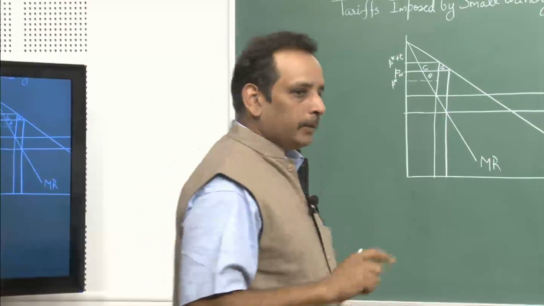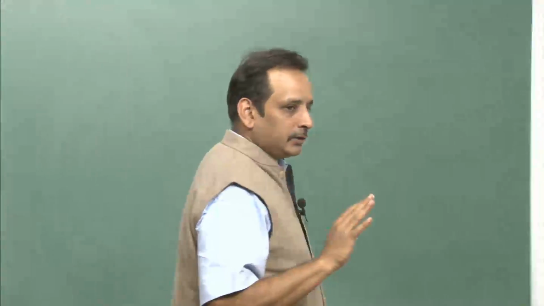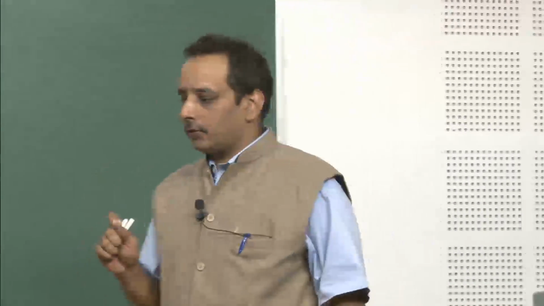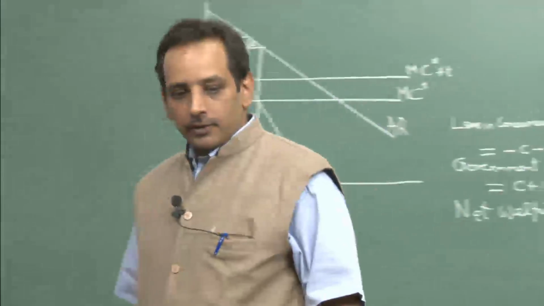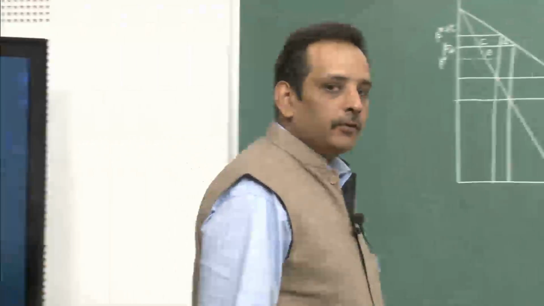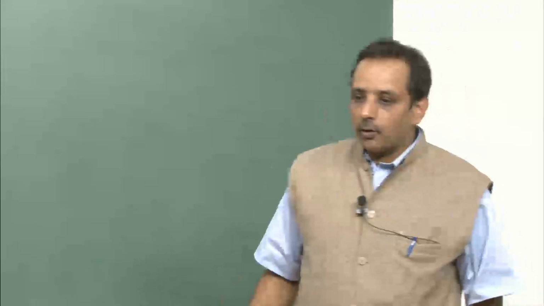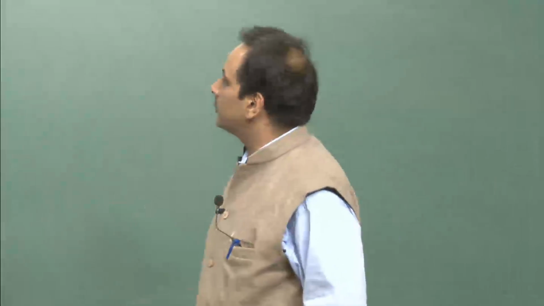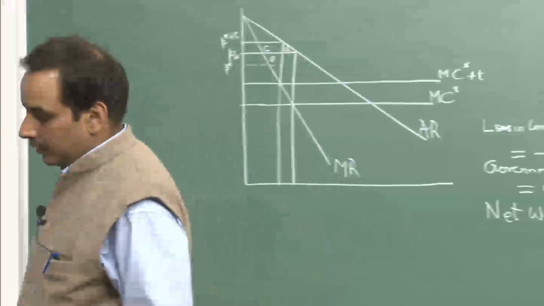Okay. This is different from the cases that we have been discussing. We have been discussing the case where home country producers are perfect competitive firms. We have been discussing the case where the home producer has a home monopoly.